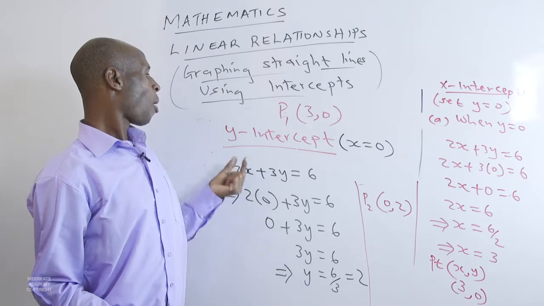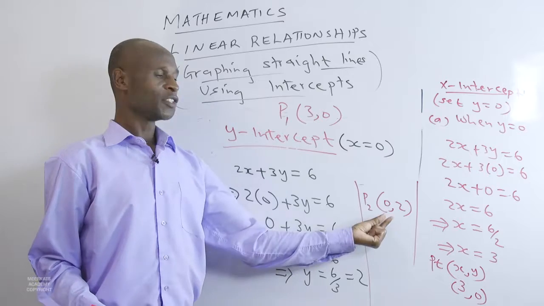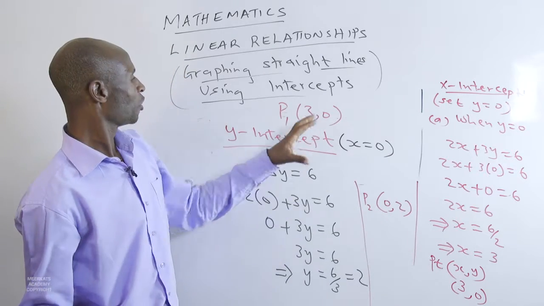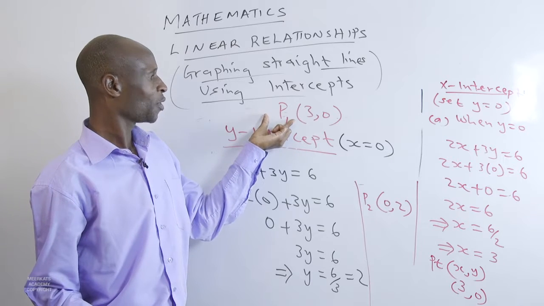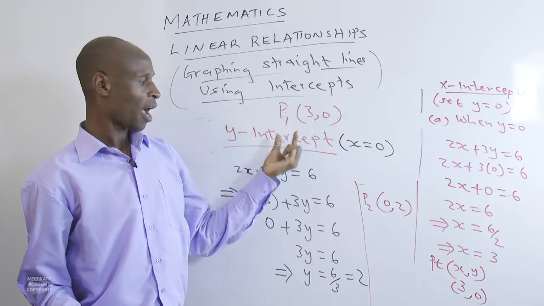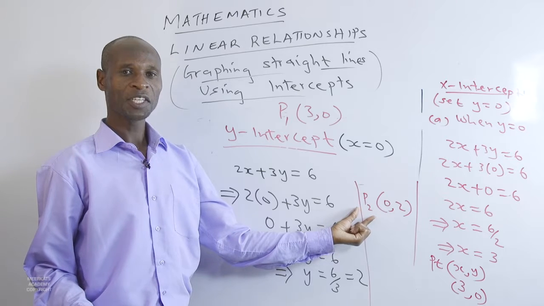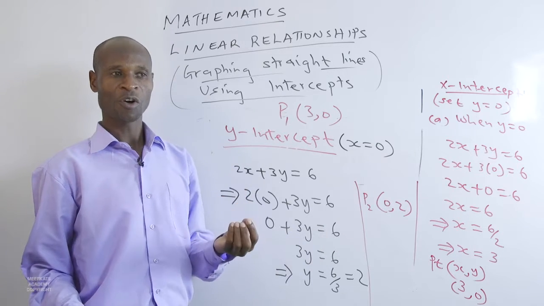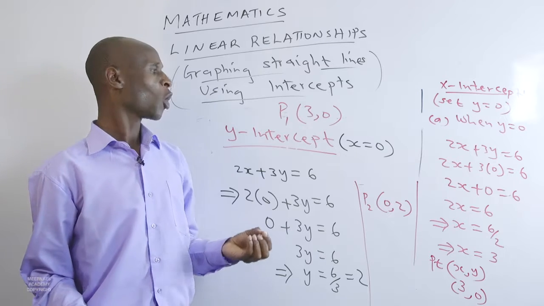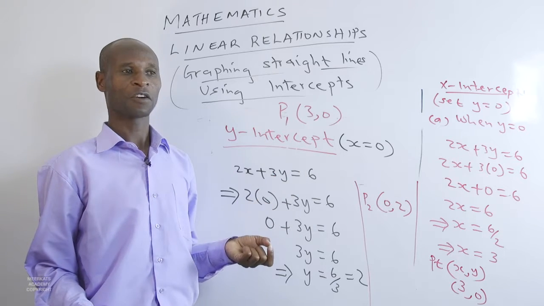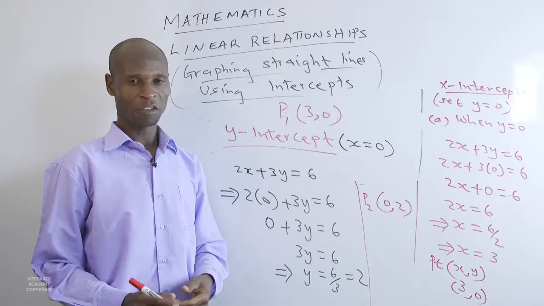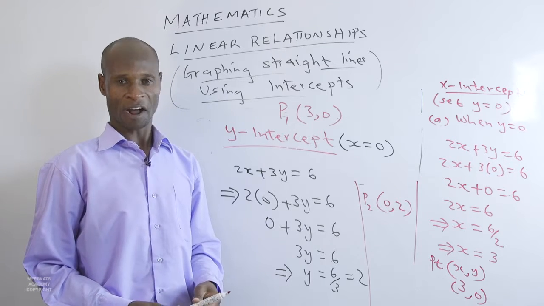That means our y-intercept is 0, 2. Once we have the 2 points, P1, which is our x-intercept, and P2, which is our y-intercept, we now proceed and draw that particular graph. Because to draw a straight line graph, you only require 2 points. 2 points are enough to give you a linear graph.